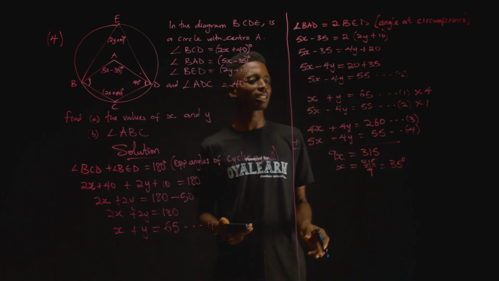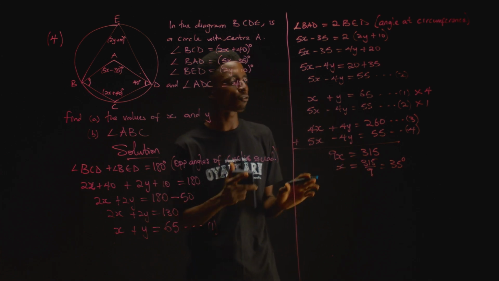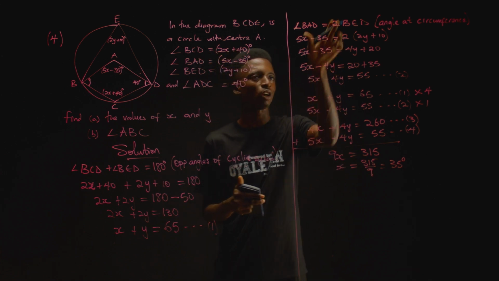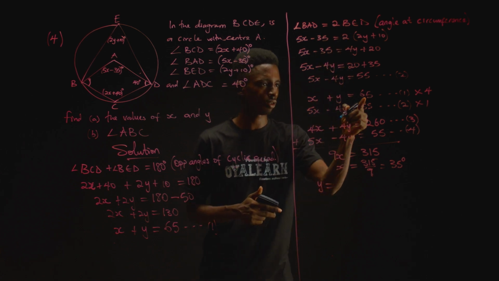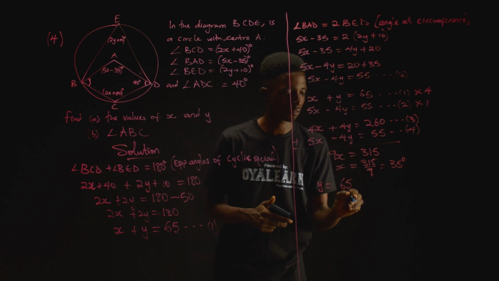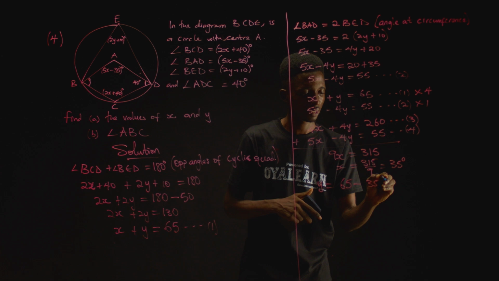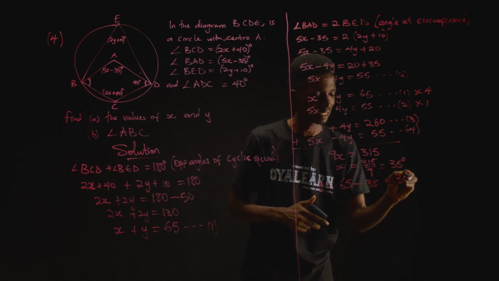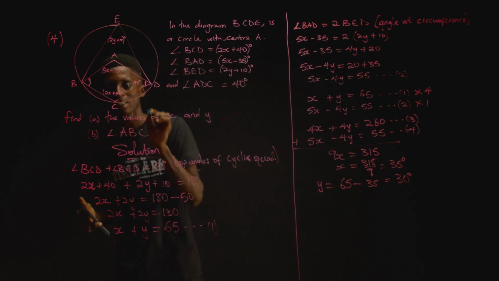So we can then work this in to get the value of y. So to get y, I can just pick any of the equations. So let me pick this. So y should equal 65 now minus x, which is 35. And this will give us 30 degrees. So now we have the value of x and y. So the A part is done.